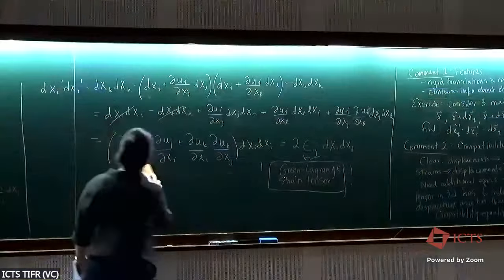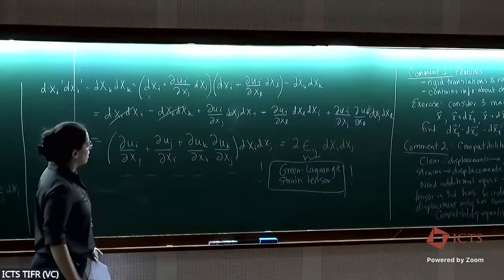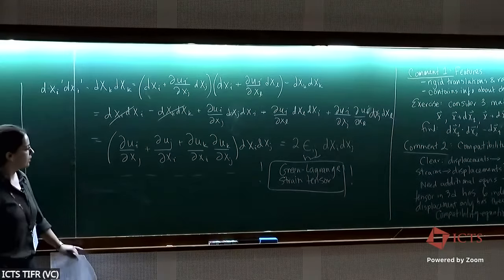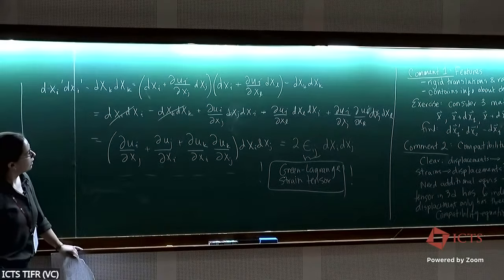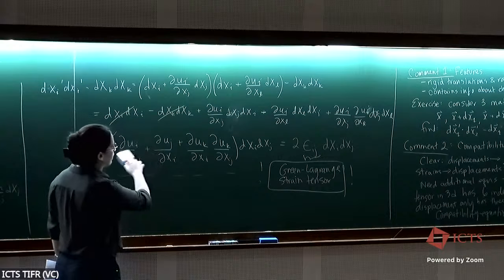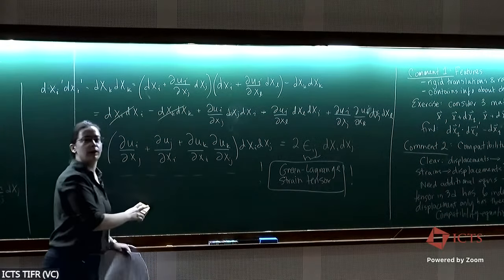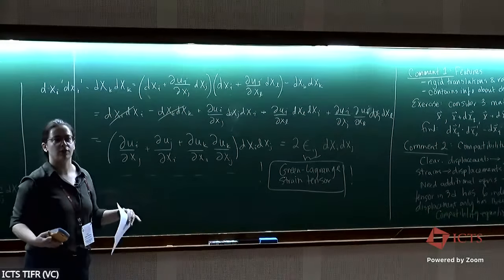Yes, so you mean why am I writing these two like this? Yes, that is not evident from the second step itself, right? That's a convention that you are choosing at that point, right? Yes, because it's symmetric, these are equivalent, and this is a form that's going to really emphasize the symmetry of this strain tensor.